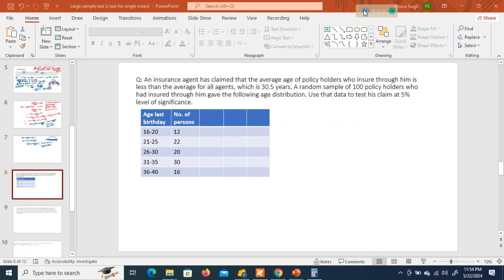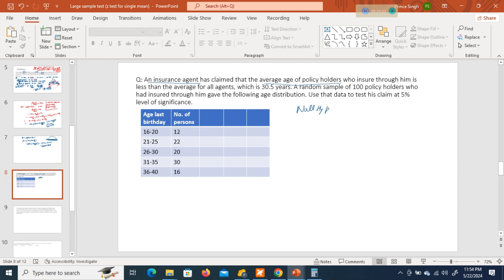A random sample of 100 policy holders who had insured through him gave the following age distribution. Use the data to test his claim at 5% level of significance. So in this question, the insurance agent's claim is that the average age of policy holders who insure through him is less than the average age for all other agents, which is 30.5. So what is the null hypothesis?